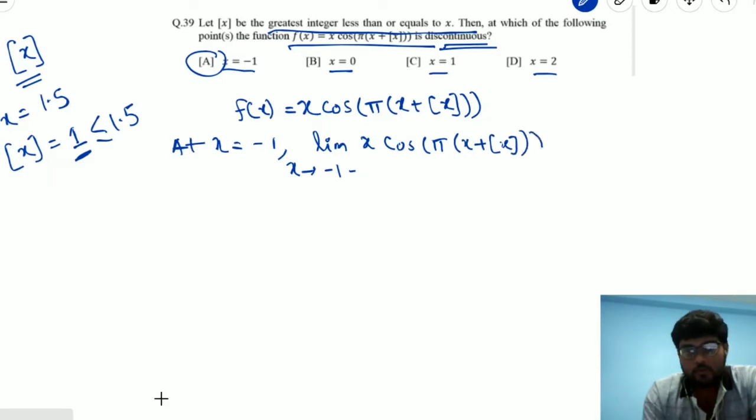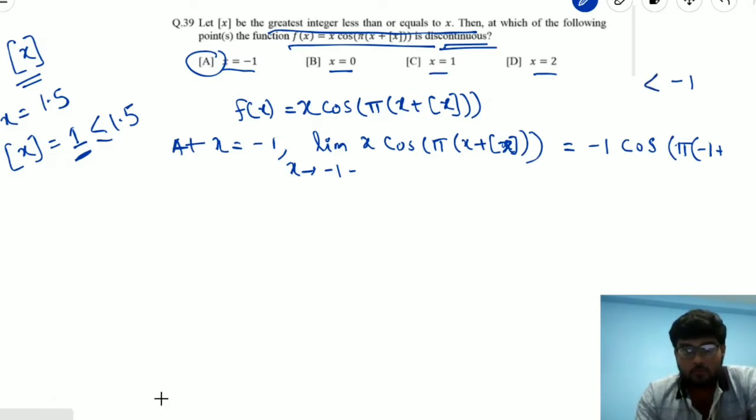Since it is the left hand limit, the value is less than -1, so x is -1, cos of pi into -1, plus the box of a value less than -1, which will be -2, the greatest integer less than or equal to a value less than -1.